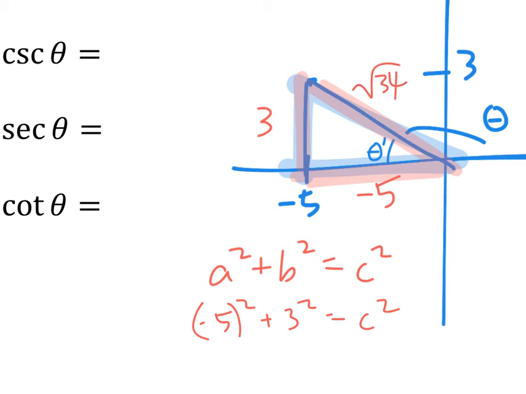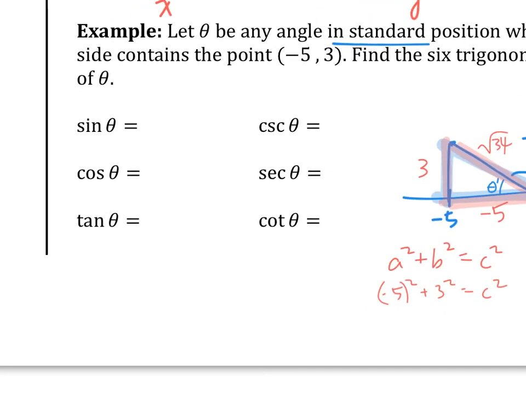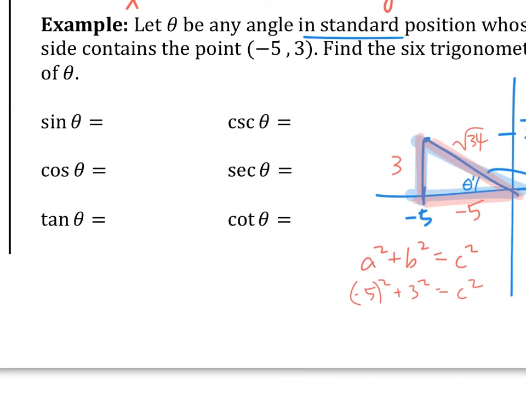Yes? Okay, now we are finding the trig ratios. Again, like I said, ignore the other angle. Just focus on this triangle. So what is the sine of this angle in the new triangle? Yeah, 3 over square root 34. Opposite over hypotenuse.